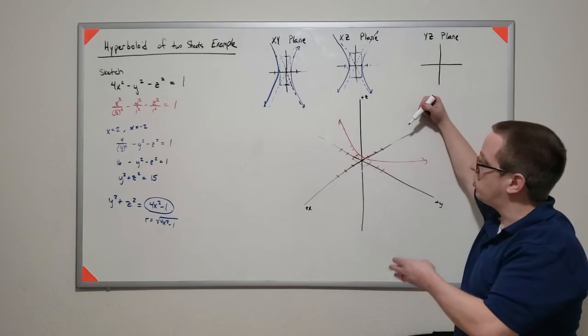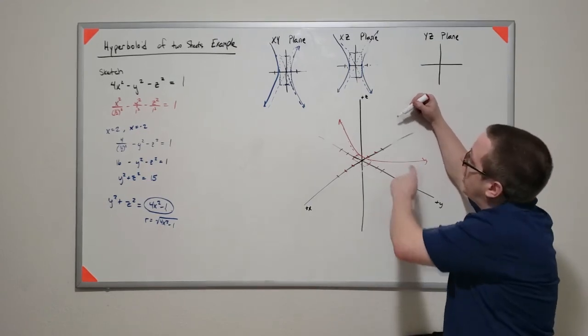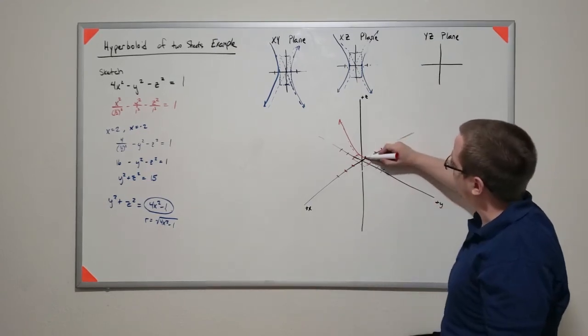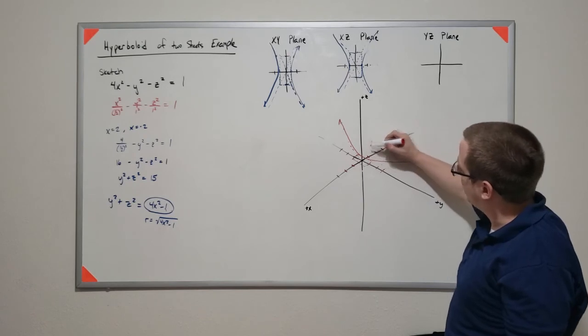And so you have the xy hyperbola that looks like that, and you also have the xz hyperbola that looks like that.